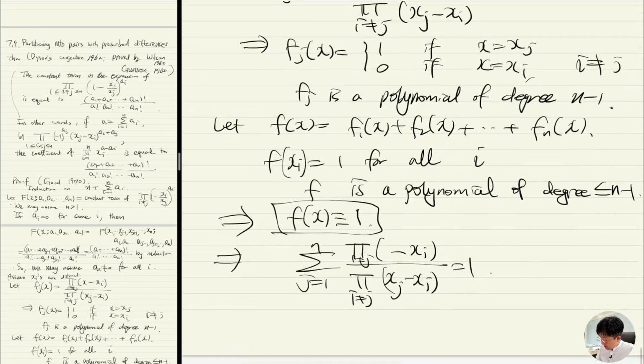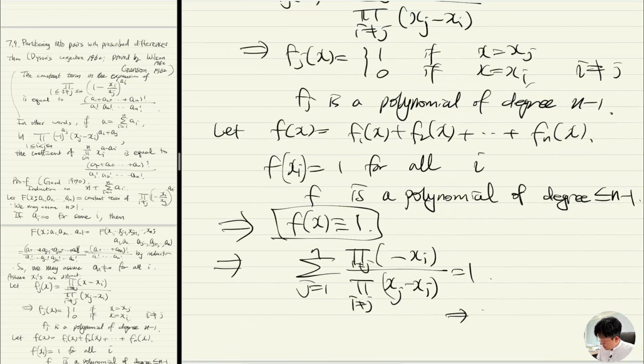Right, so that gives me this implication: the sum and product over xj minus xi.